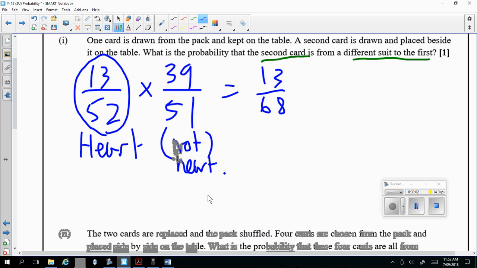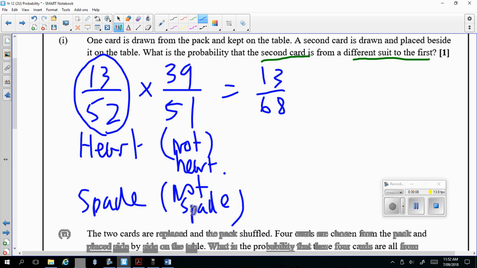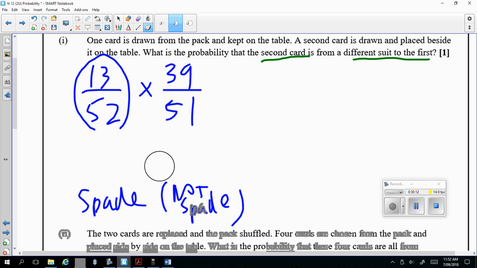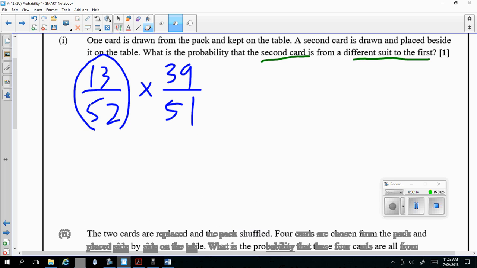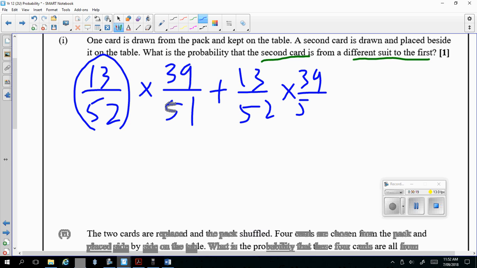You have to look at other possibilities. Right? So you can start with heart, not heart, or spade, not spade, or what's the other suit? Club and diamond, right? So you have to do it all 4 times.